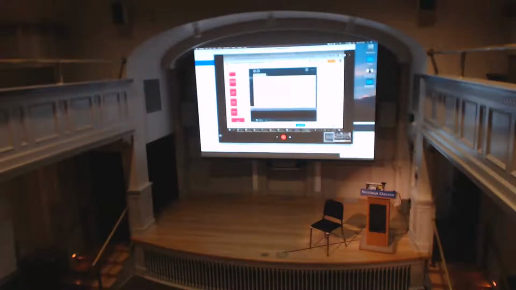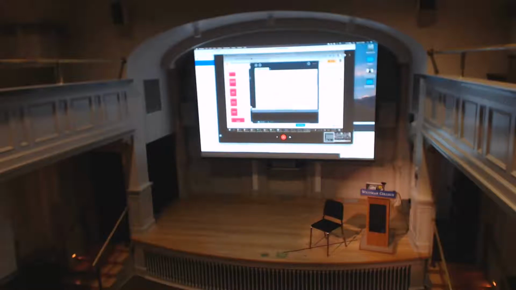So I'm going to pull up an example real quick in Processing, where I've already installed the library. Here's the setup, where you import your library.